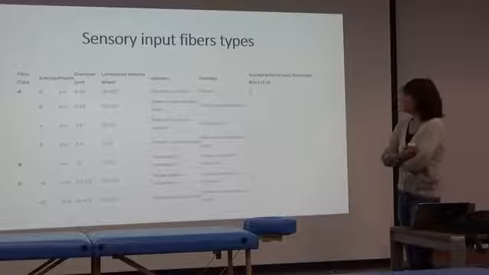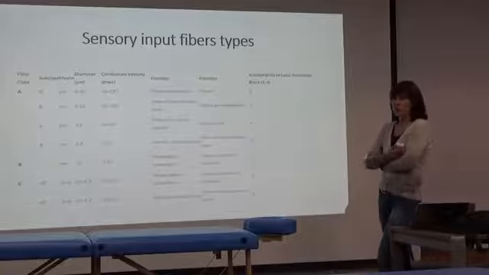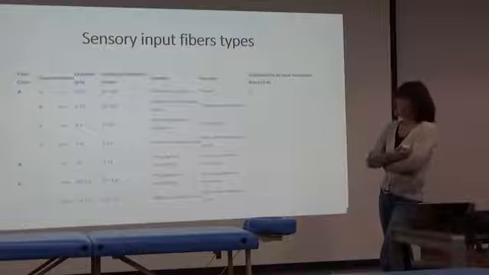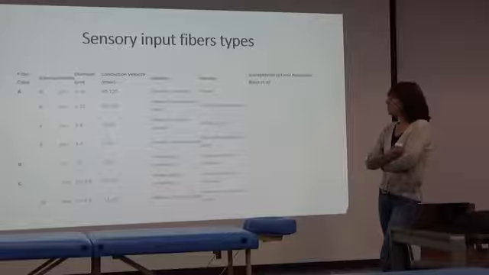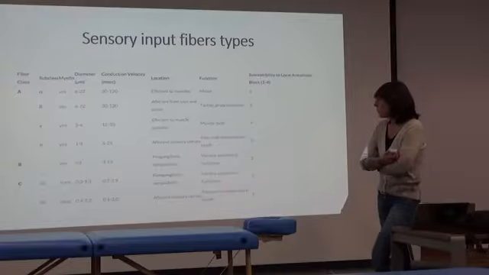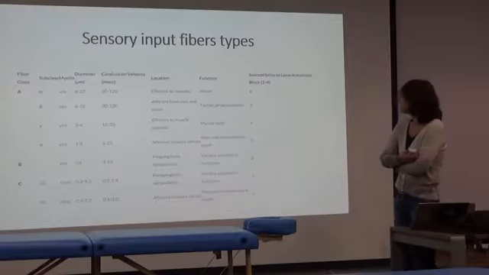So as we said before, we have different types of fibers which conduct the signals. Some conduct the signals very fast, which means from 30 to 120 meters per second. And some of them are really slow, from like 3 to 15 meters per second.